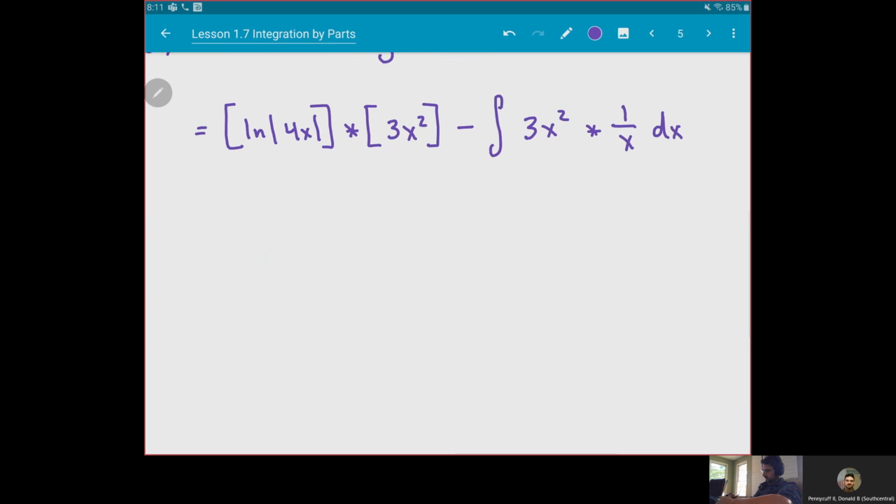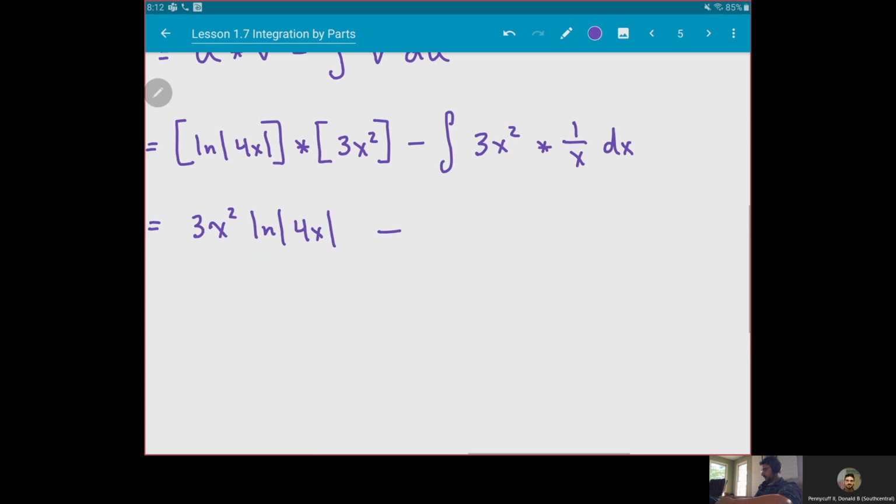Okay. So this is going to give me 3x squared ln 4x minus, now that 1 over x will cancel out one of the x squared, so that's going to be 3 times the integral of x dx.